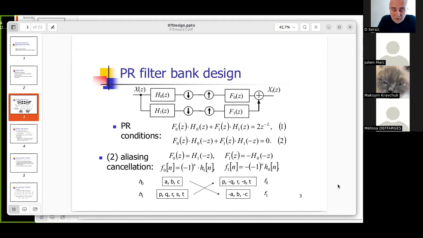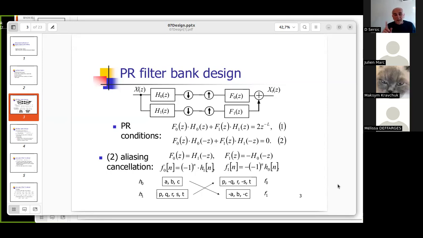So to achieve the perfect reconstruction property, we have 2 equations to obey. The first one is actually the non-distortion condition. Such an equation even stands if we have no decimation and extrapolation.